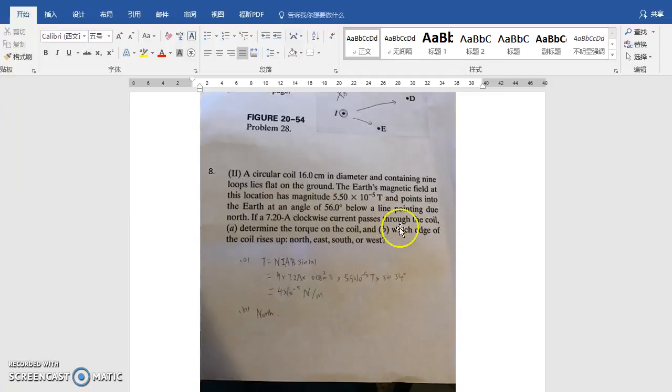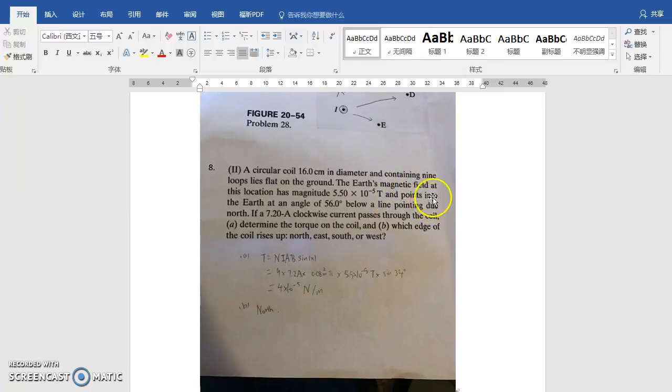And question A is to calculate the torque. Torque is equal to N I and delta B. Delta B is equal to AB cosine theta.